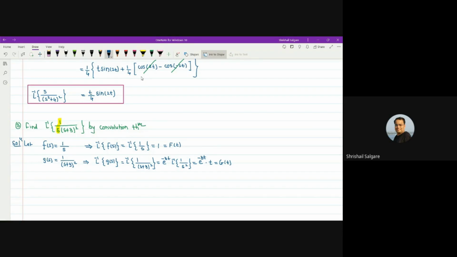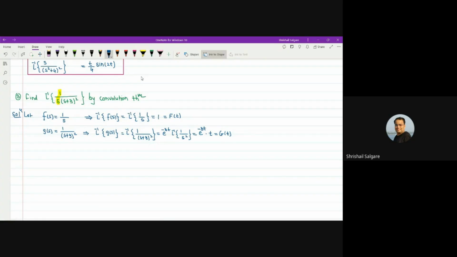Now, by convolution theorem, again their product is, therefore, by convolution theorem, L inverse of f of s into g of s is given by, one result says integral 0 to t f of u into g of t minus u du.